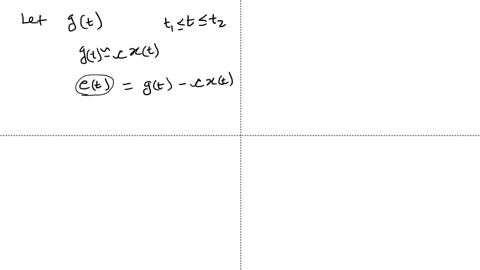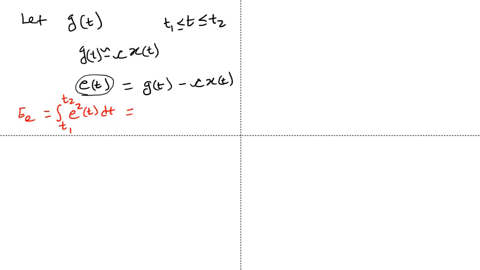What's the formula for the energy? We have already discussed it. The energy E will be equal to the integral of e squared t dt. Since the signal is defined from t1 to t2, the limits are not from minus infinity to infinity, but from t1 to t2.